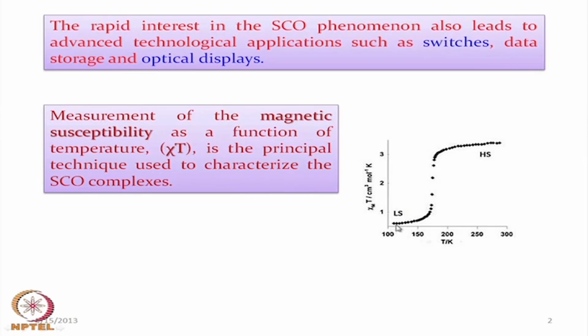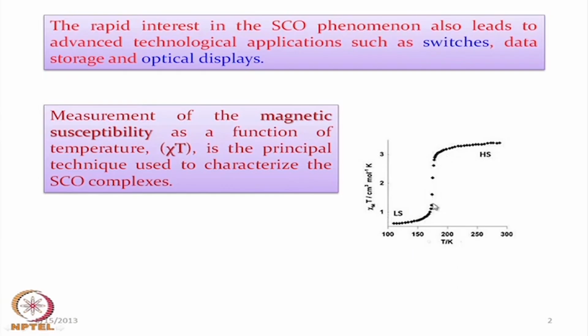As we move from say 25 or 30 Kelvin upward, around 175 K, the value of the magnetic moment is rising very fast within this particular zone, close to 170 to 180 Kelvin. In 170 to 180 Kelvin, the molecule is entirely transforming from a low spin state to a high spin one.